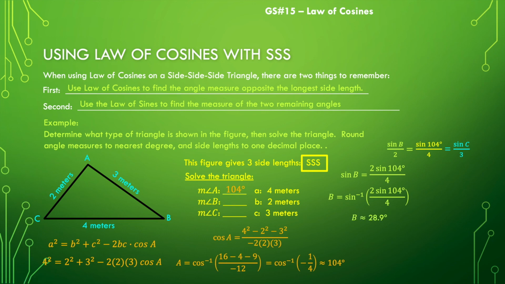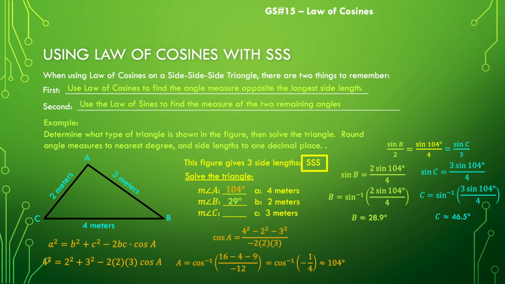Which we will get from our handy-dandy calculator to be about 28.9 degrees, and we'll go ahead and round that to 29 degrees. And we'll do the same thing for angle C. We'll say the sine of C is equal to 3 times the sine of 104 degrees, all divided by 4. And then we'll isolate C by taking the inverse sine and use our calculator to crunch that.